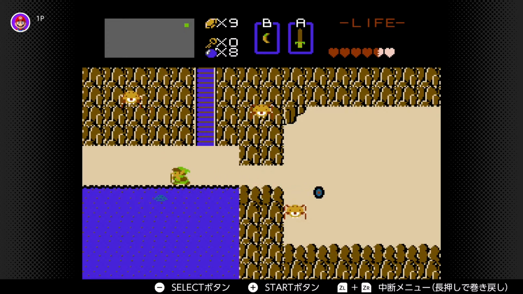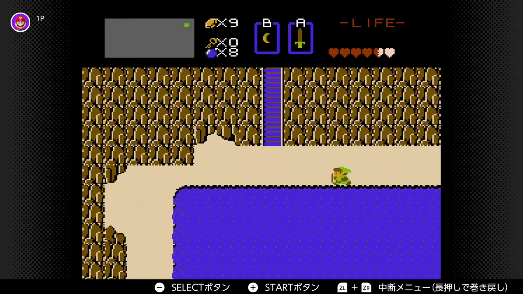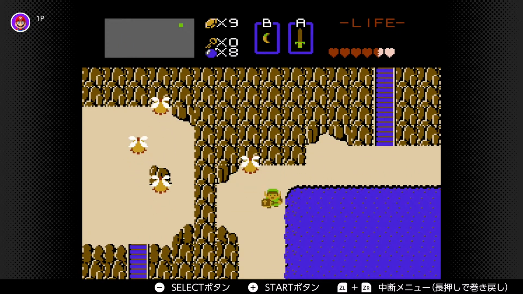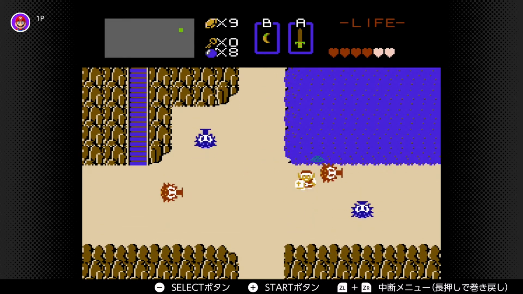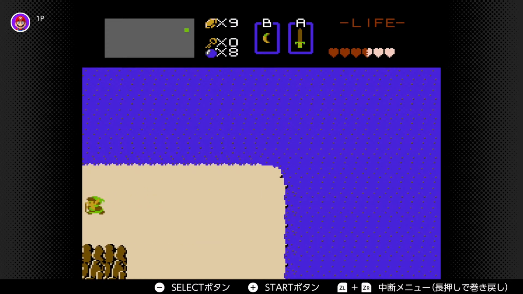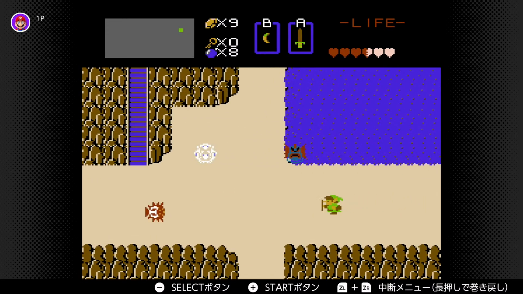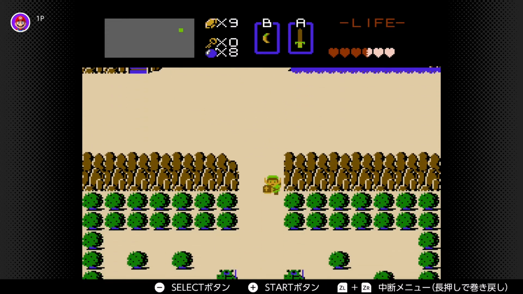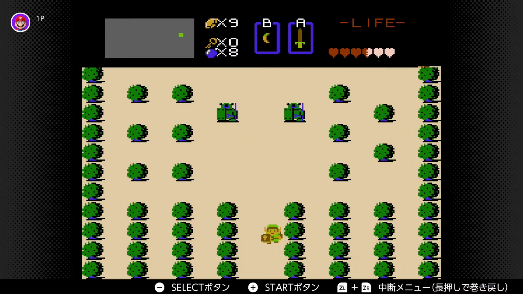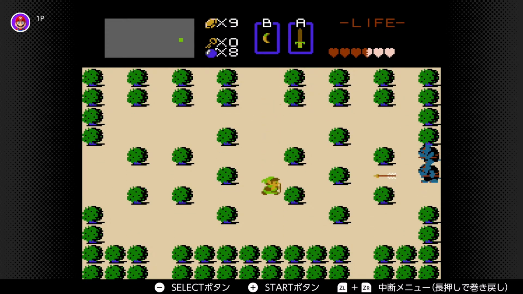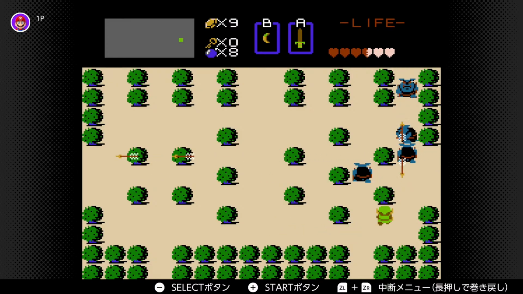Okay, I'd say since I ended up not finding level 2, let's see. No, this way is again the coast, which we don't need now.